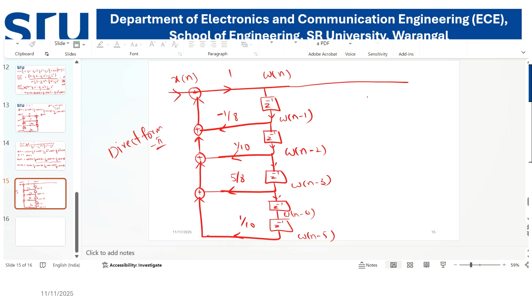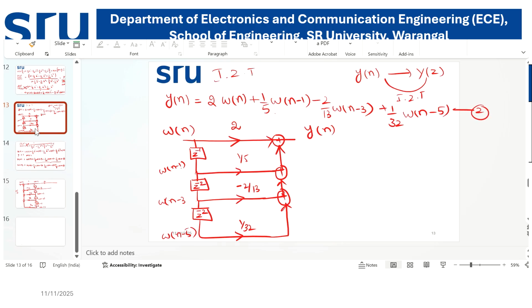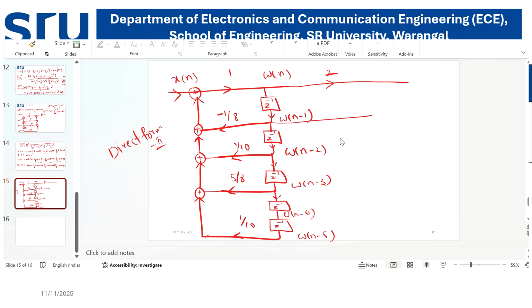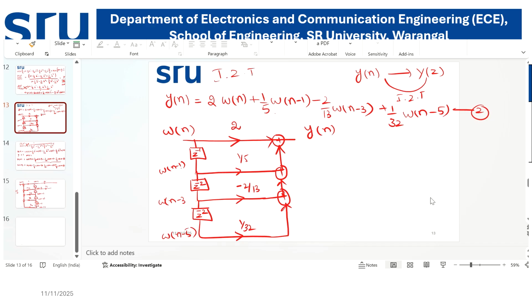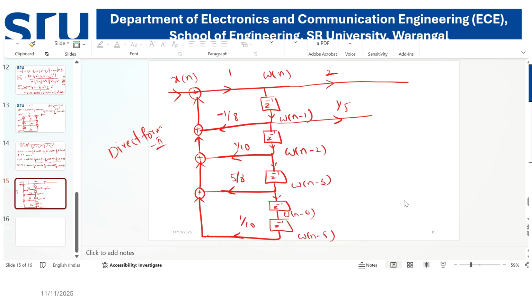Now from the above circuit we have w of n minus 1, the coefficient is 2. Next coefficient is 1 by 5. Then w of n minus 3, that is minus 2 by 13.